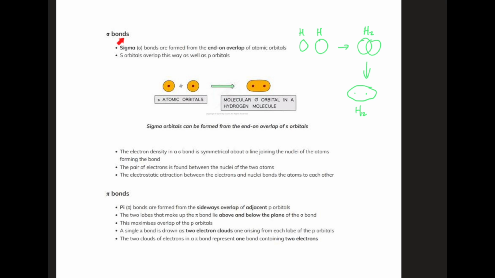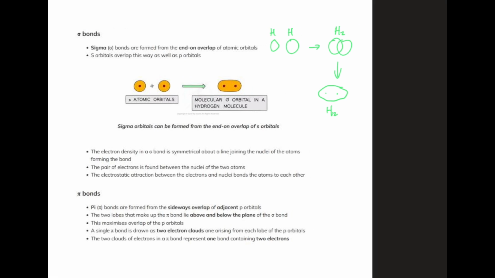When they form a single bond, that is a sigma bond. Example for this case, H and H, you can see this is a single bond, so this is a sigma bond. More examples, HCl, single bond, so this is a sigma bond.